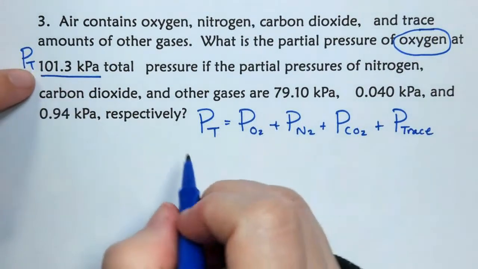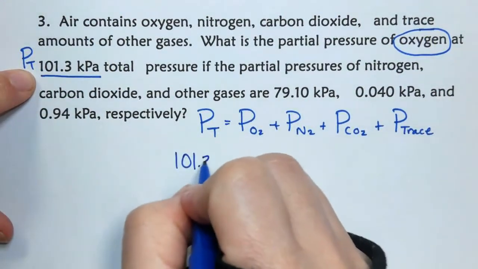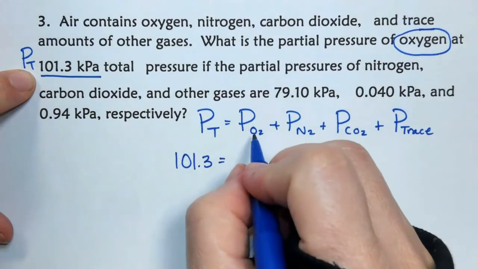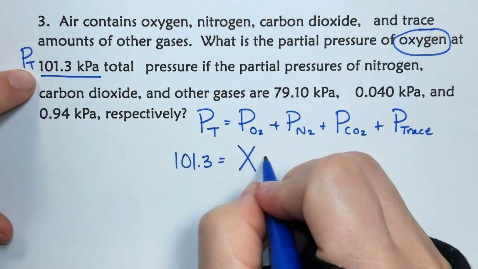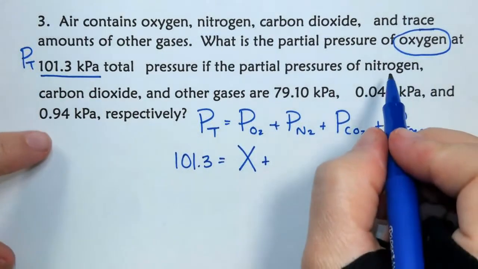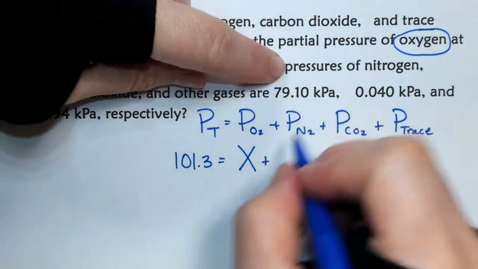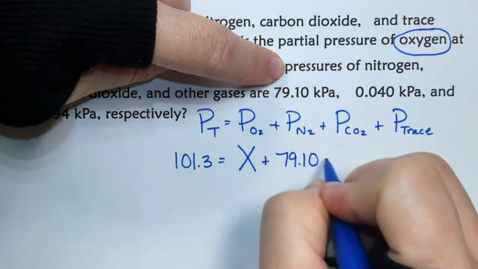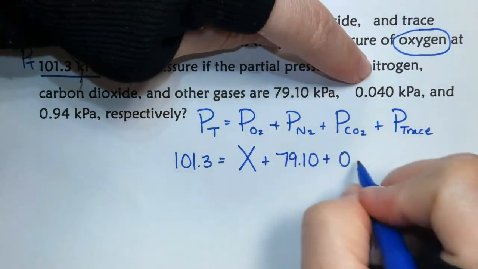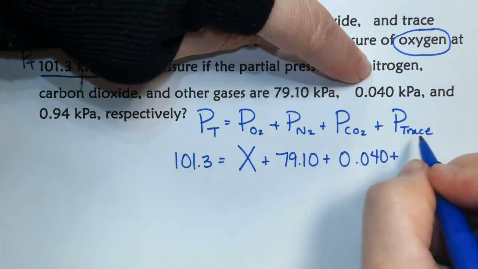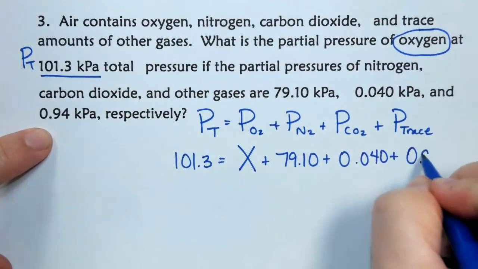So we have a total pressure of 101.3 equals, what is the pressure of oxygen when nitrogen is 79.10, carbon dioxide is 0.040, and the trace gases are 0.94.